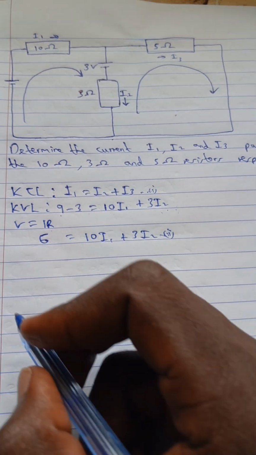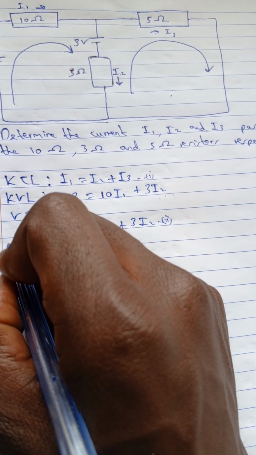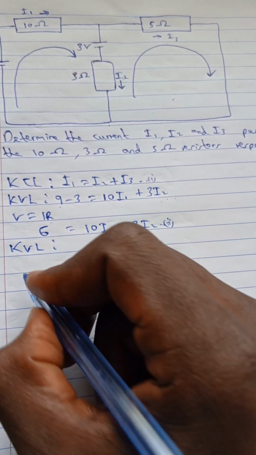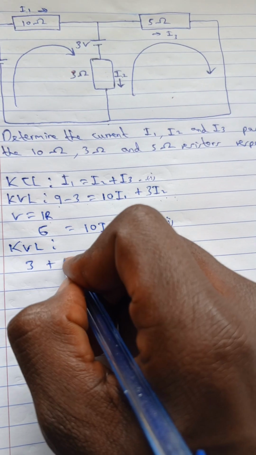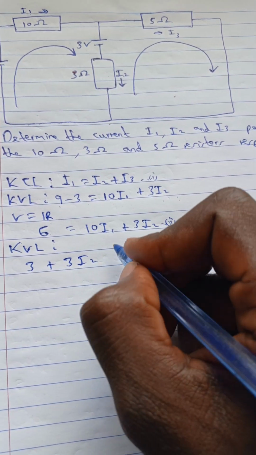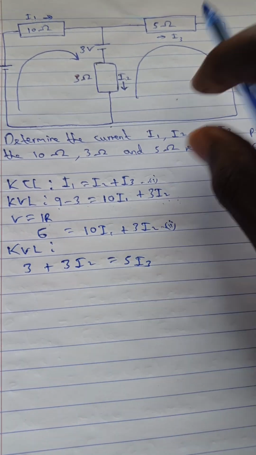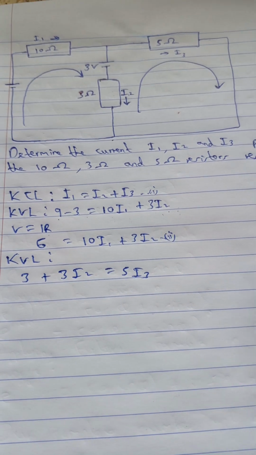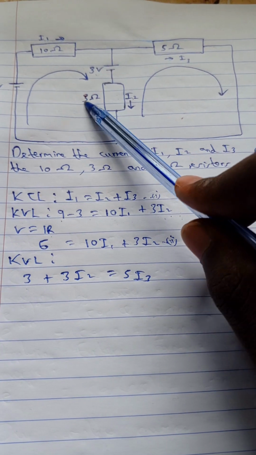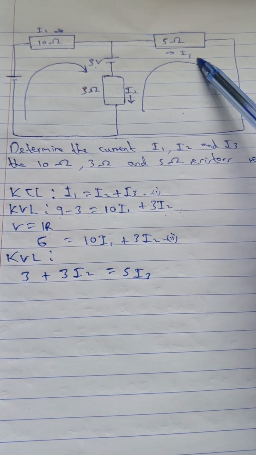Also, for the other loop, using the same KVL, we can say 3 plus 3I2, that one should give us 5I3 from the diagram. Because you know this 3 is this one, plus this 3, also from Ohm's law, 3I2 is equal to 5I3.